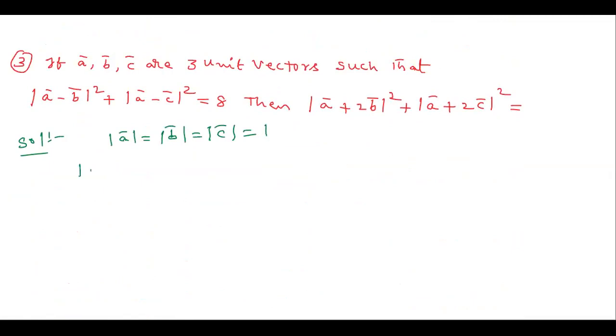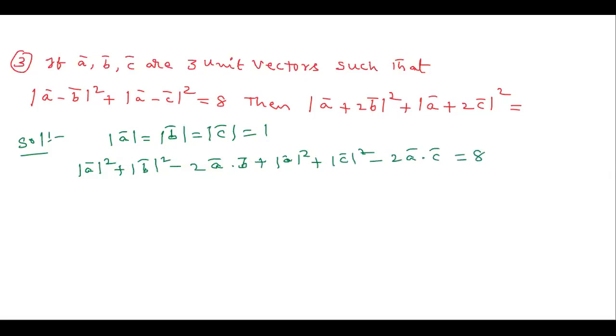Expand that using the formula: mod A square plus mod B square minus 2 into A bar dot B bar, plus mod A square plus mod C square minus 2 into A bar dot C bar, is equal to 8.